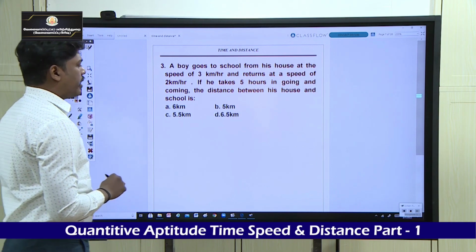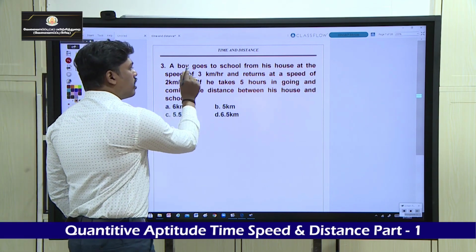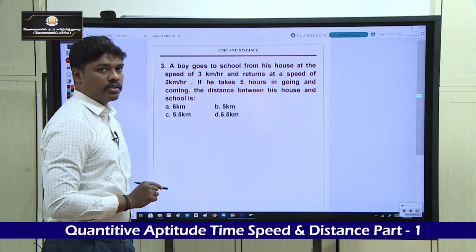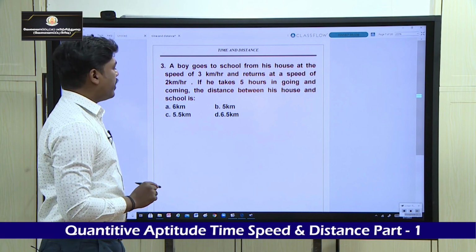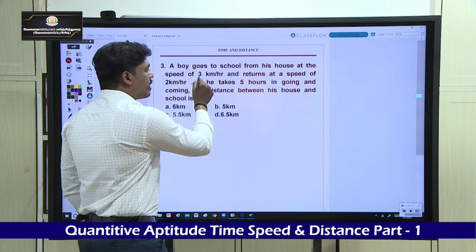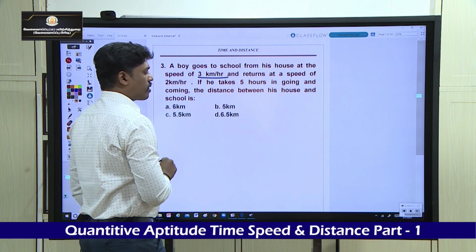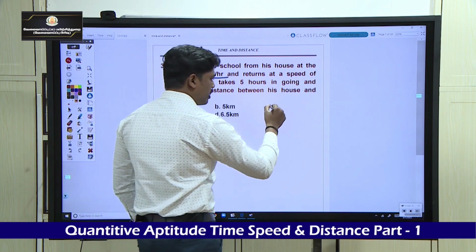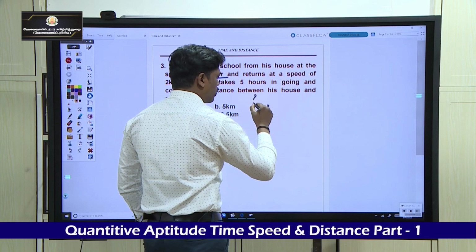Okay, look at here. A boy goes to school. So he is going to school from his house at a speed of 3 kilometers per hour. Take this as his house.